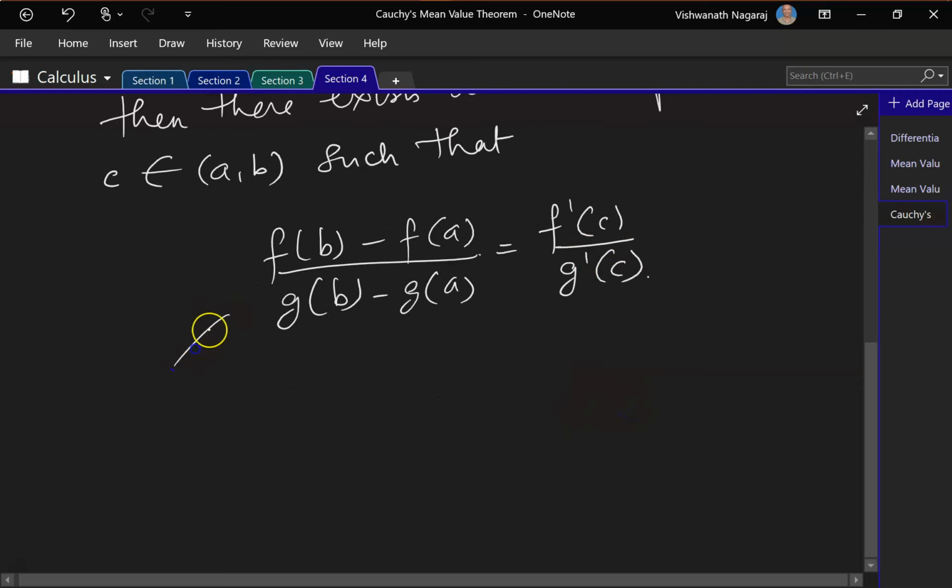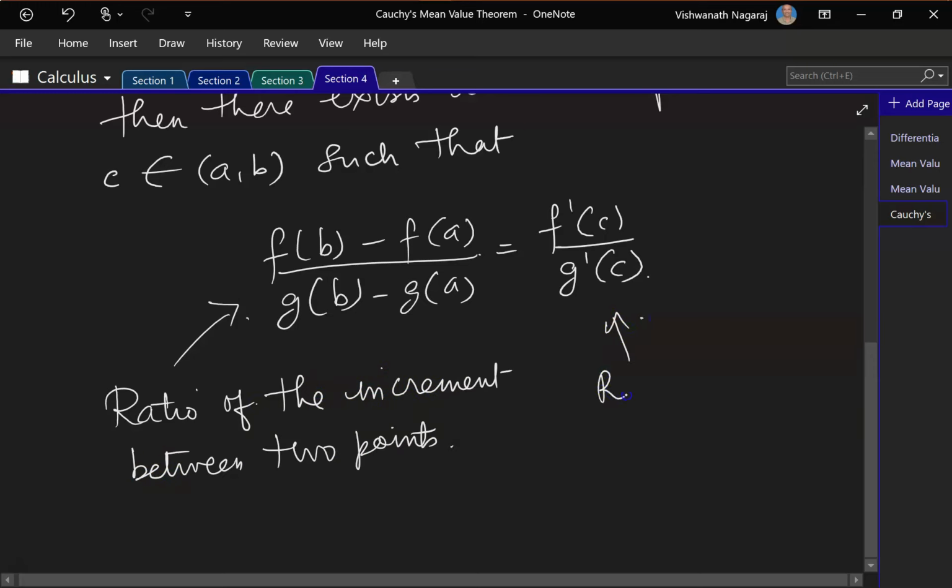So remember, this is the ratio of the increments between 2 points, and this is the ratio of the derivatives.